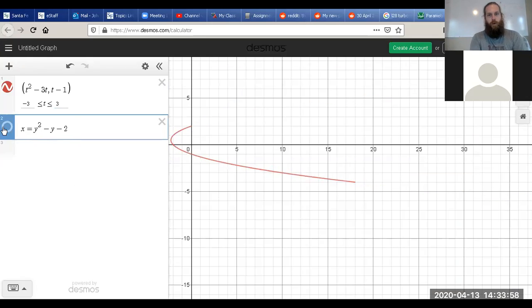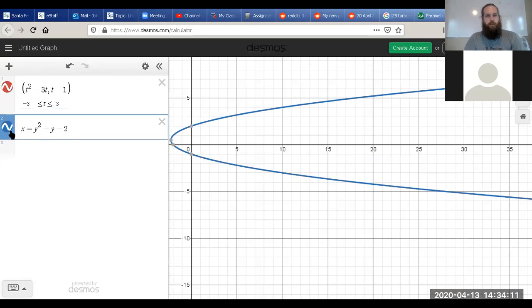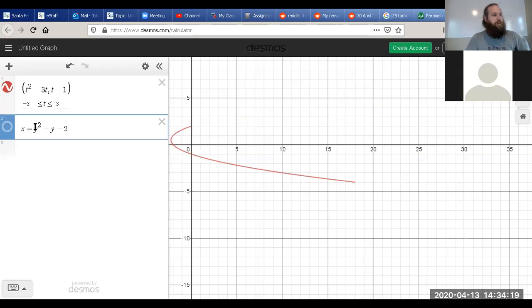You see, the red graph is a part of the blue graph. The blue graph is the whole parabola because it doesn't have any time domain restrictions. But the red graph and the blue graph live on top of each other. They're the same shape. So we could have discovered the shape of the curve from that previous example by eliminating the parameter t instead.